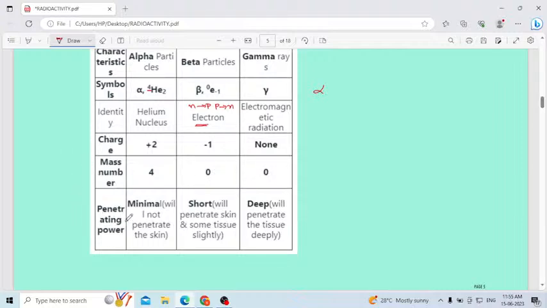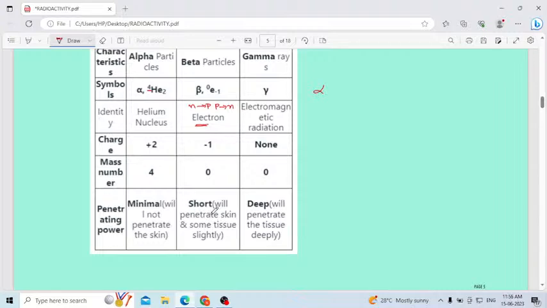Then what is the penetrating power of alpha, beta, gamma rays? In the case of an alpha particle, it is minimal, it will not penetrate the skin. Beta particles penetrate skin and some tissues slightly.